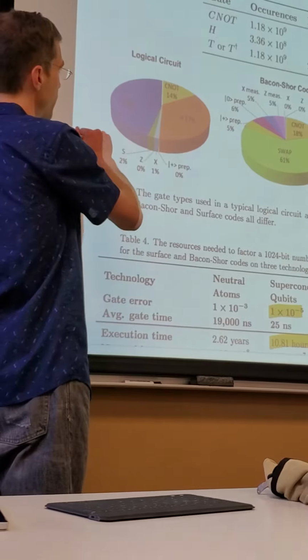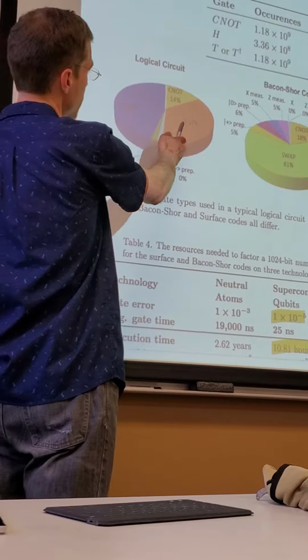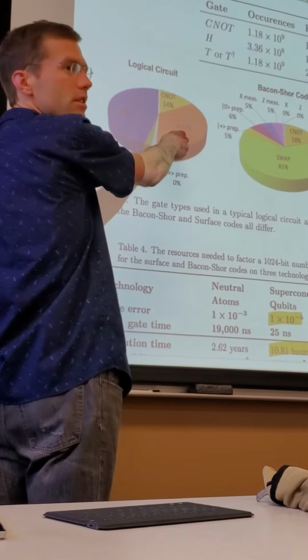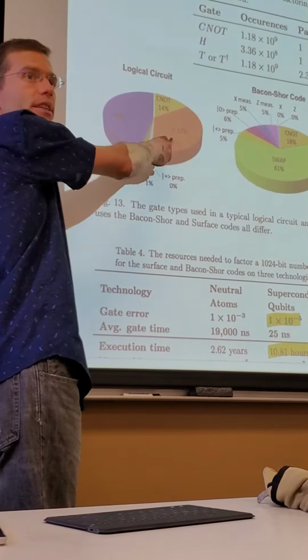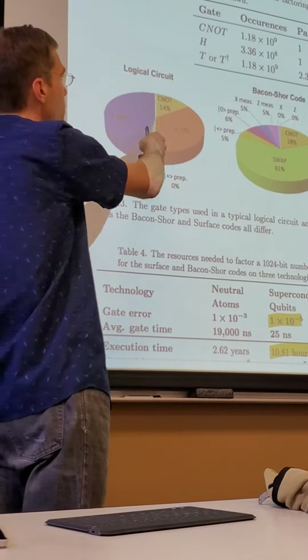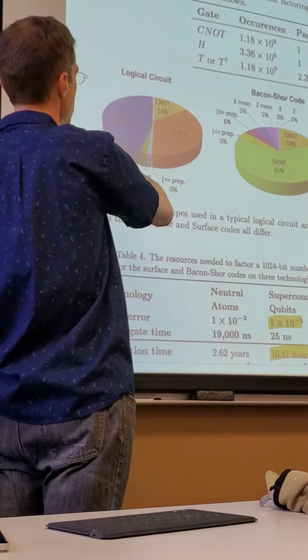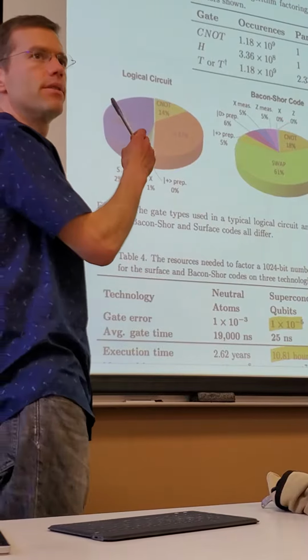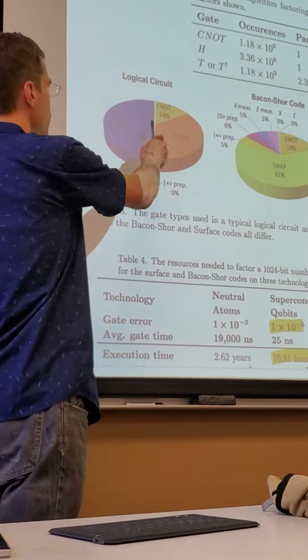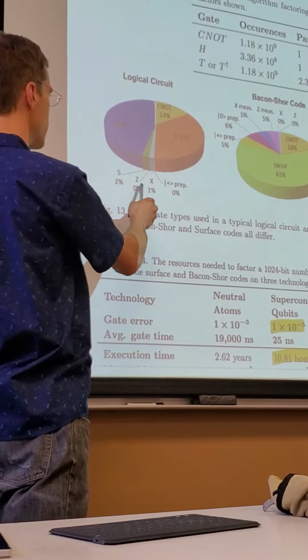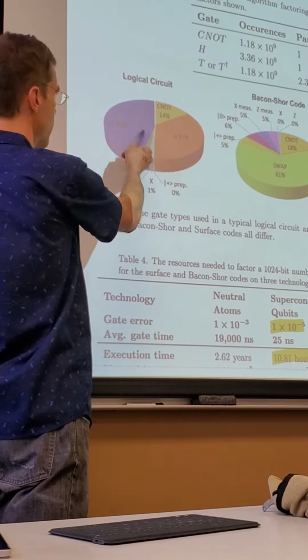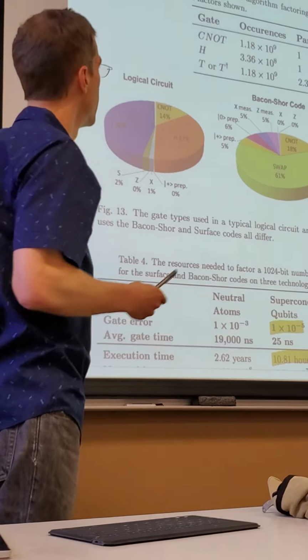So this is supposed to represent an algorithm, and this gives you the fraction of gates used in the algorithm. So 37% of the gates apparently are Hadamard gates, and this is whatever they're doing, factoring or something. 14% are CNOT gates, and 46% are one-qubit T gates. So 14% are two-qubit gates. These are all one-qubit gates, and these are all preparation and measurement, all one-qubit operations.